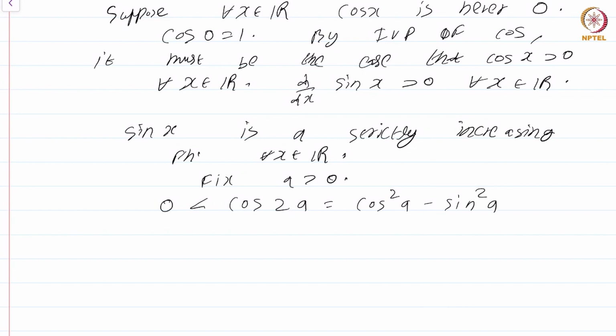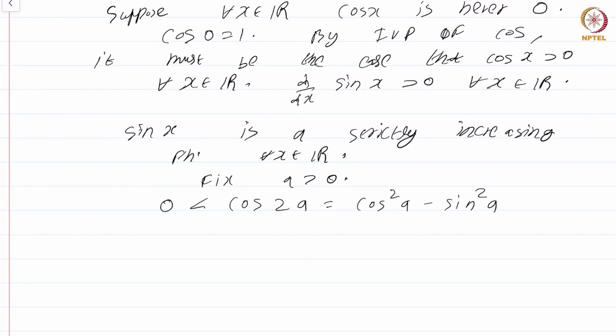Okay. Now, because sine is strictly increasing for all x greater than 0, cos must be strictly decreasing for all x greater than 0, because cos squared x plus sine squared x is equal to 1. Keep that in mind for the moment.